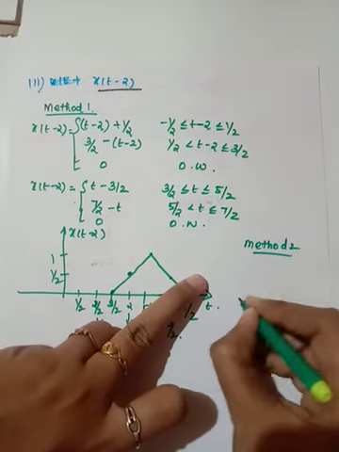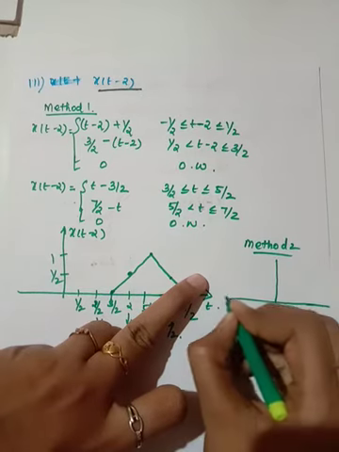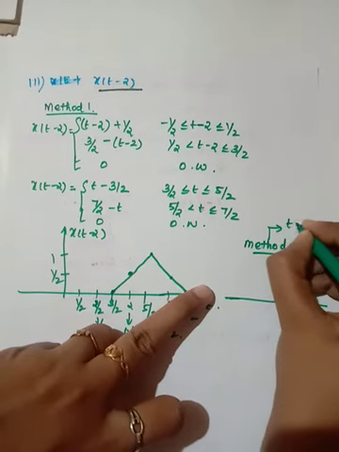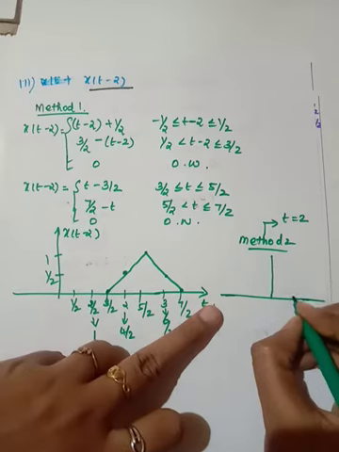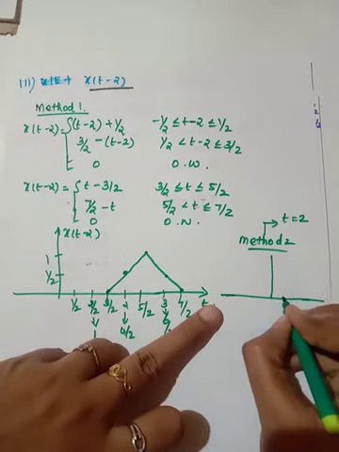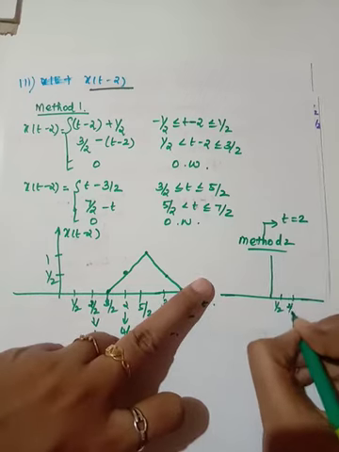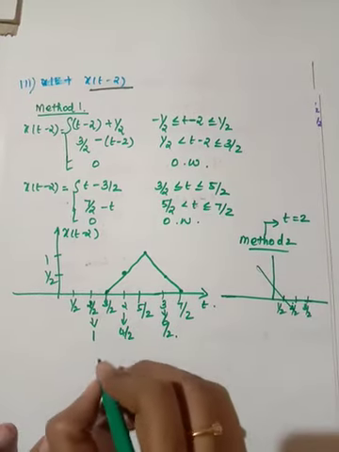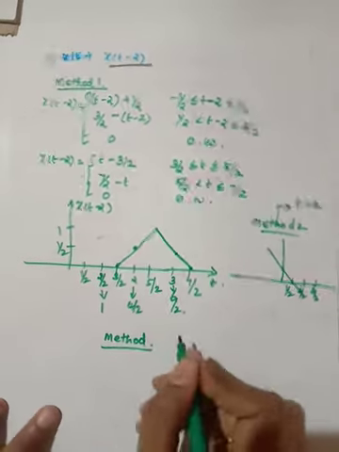Okay, so in method 2, just by direct visualization, right? So here what is the thing we need to do? At t equal to 2, we should have the origin value, right? Sorry, here you may not be able to draw it, so here I will draw because I have drawn wrongly.